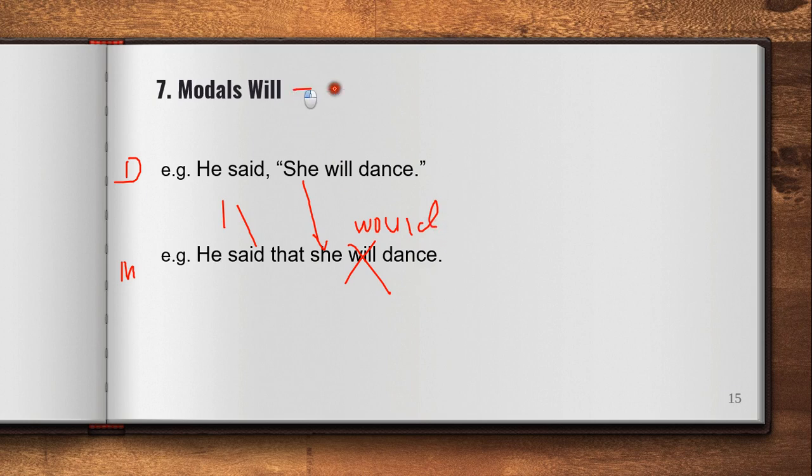Okay, so will changes to would for the indirect speech. Okay, this is direct speech and this is indirect speech. You got it? Okay, any question, guys? If you have any question, please post it on our Google Classroom.